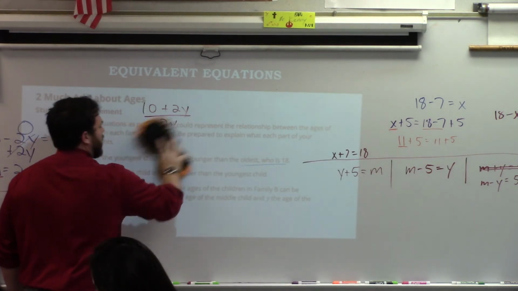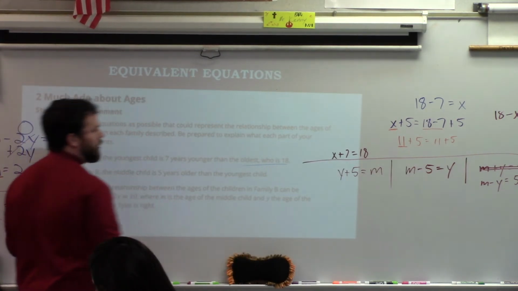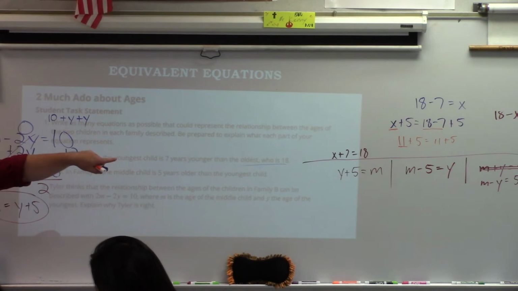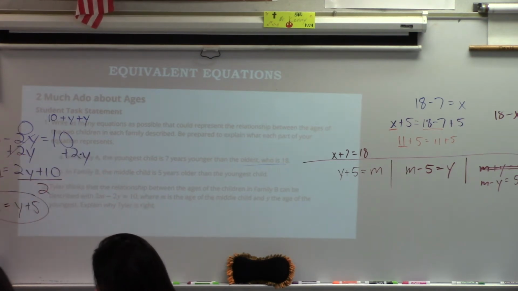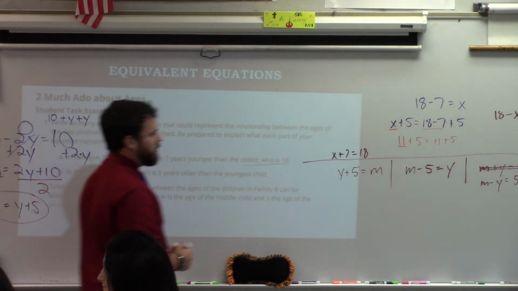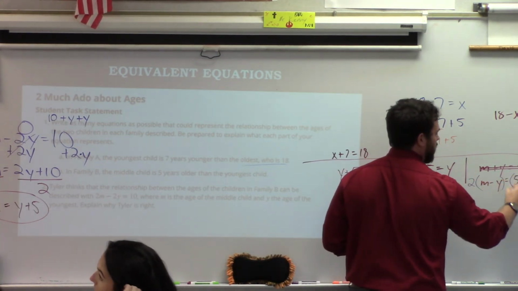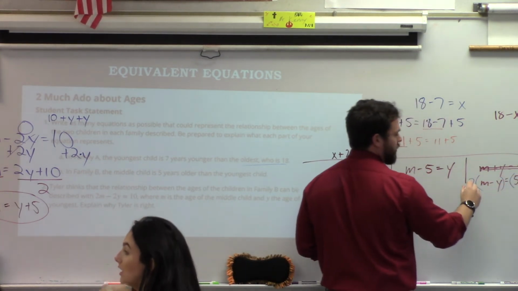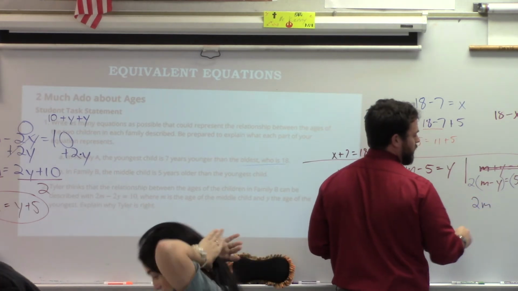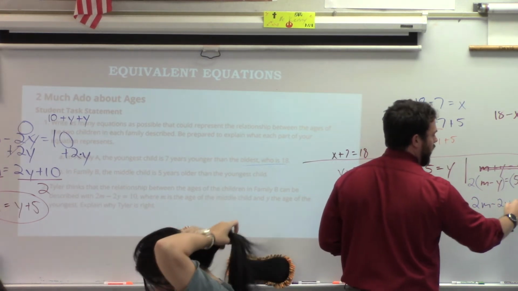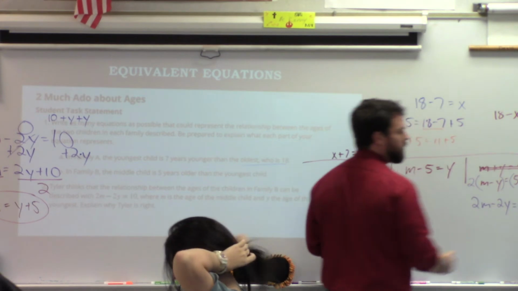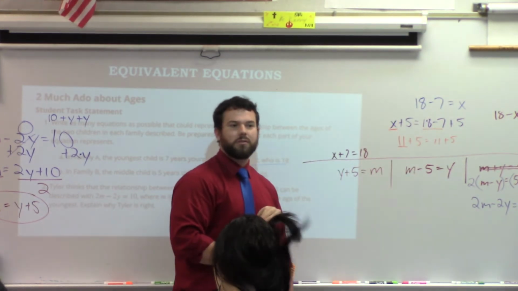Really quickly, I do want to show you this. You notice that last equation we created over there on the right? The m minus y is equal to 5? Can I double both sides? So then I get 2 times m is 2m minus 2 times y is equal to, is that going to be an equivalent equation? Yep.